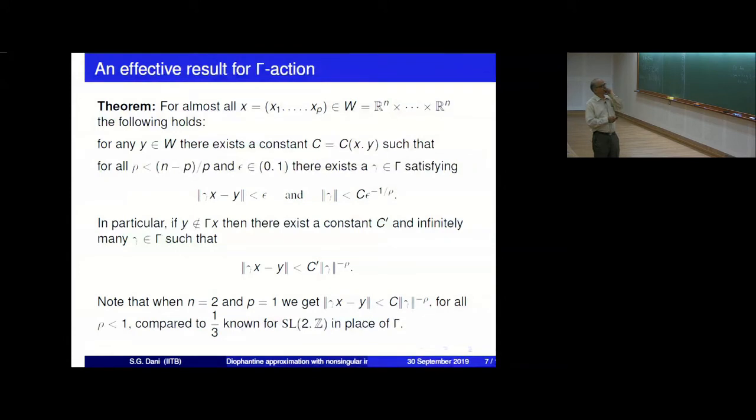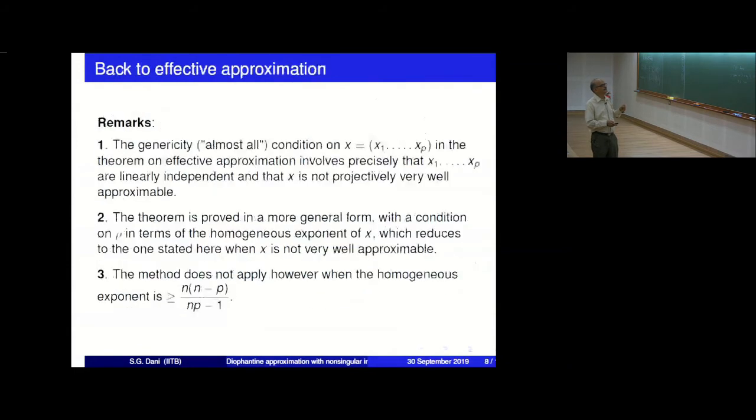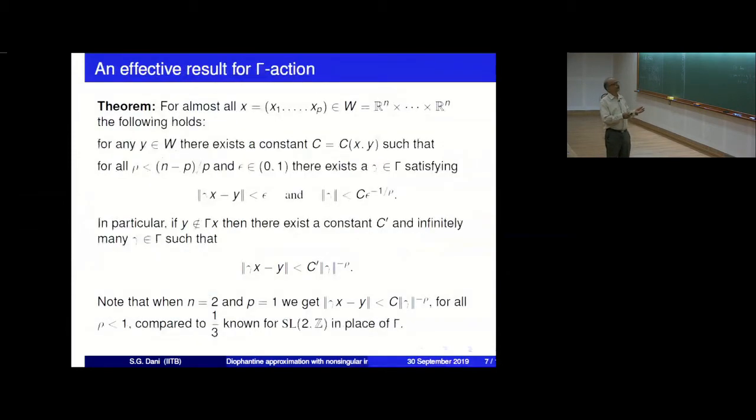For a general case, let me read it from this remark. In terms of homogeneous exponents of x, it reduces to the stated bound when x is not very well approximable. When it is not very well approximable, the condition will reduce to rho less than (n minus p) by p, and for other matrices which are very well approximable, there's a certain bound which is a bit complicated.